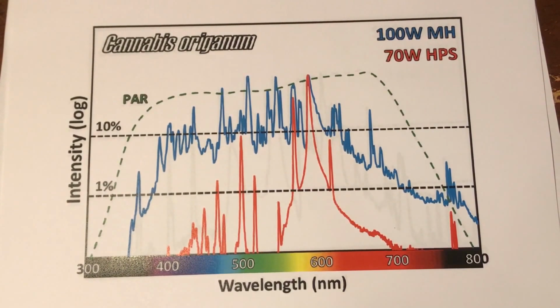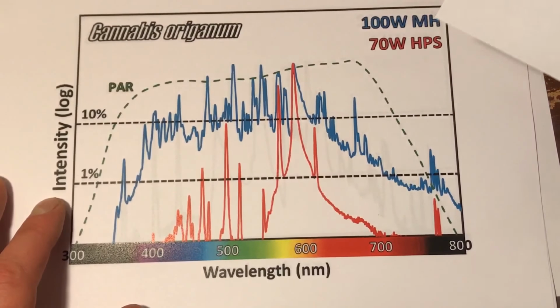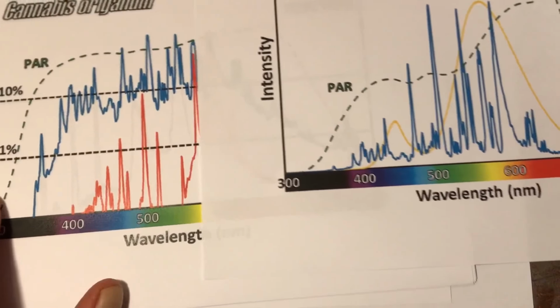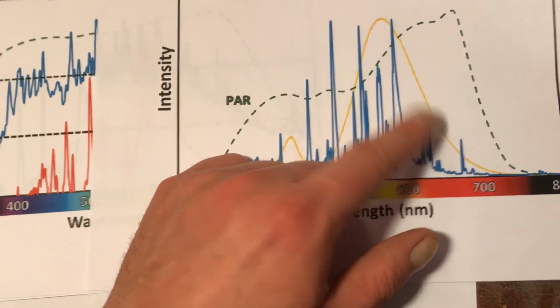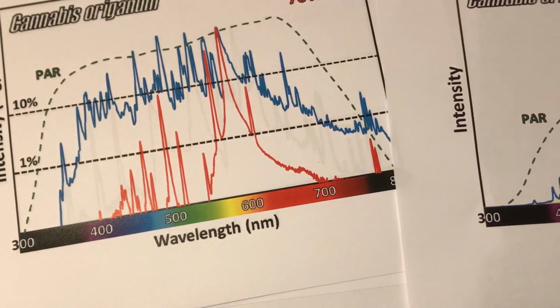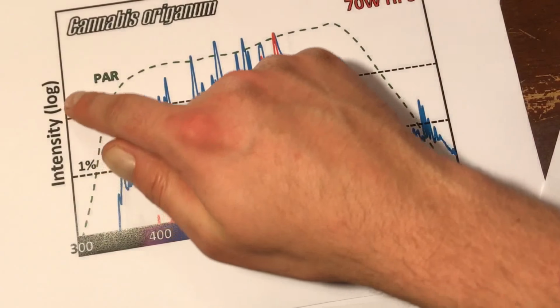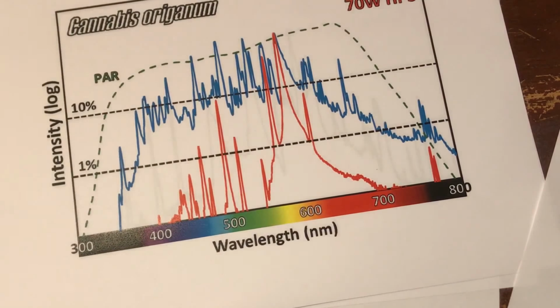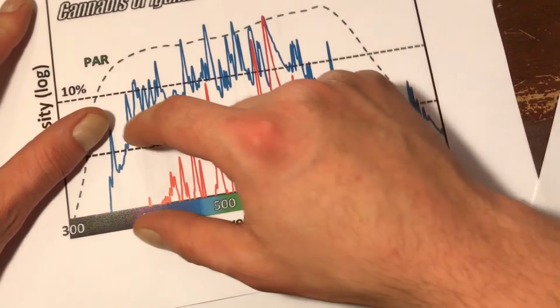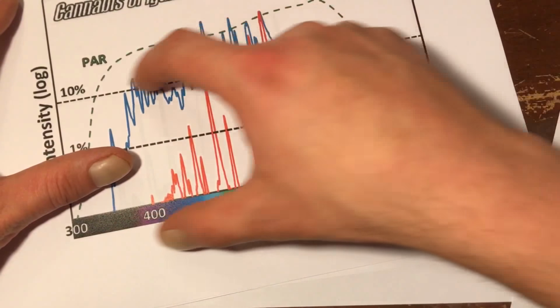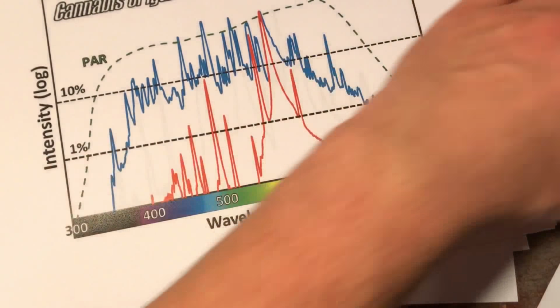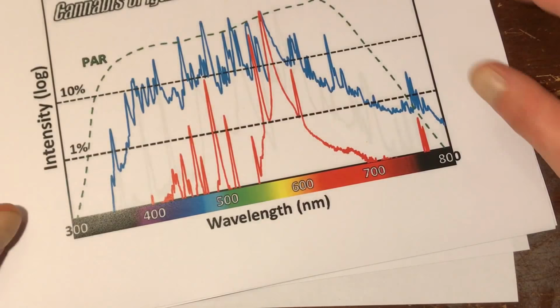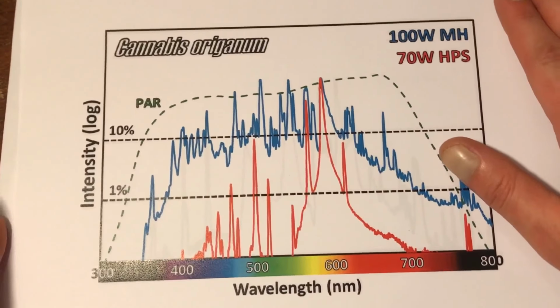By the way, if you're ever looking up lights online and you're seeing manufacturers present them and you're wondering, oh, well, usually it looks like this, not like this, I'm not entirely sure what they're doing, if they're fudging the data here and not being entirely honest that they're plotting it in log scale, or if the grow lights are actually producing this much broader intensity, similar to what this would look like, but in linear scale. I really don't know. If you want to send me a light, I'll measure it for you.